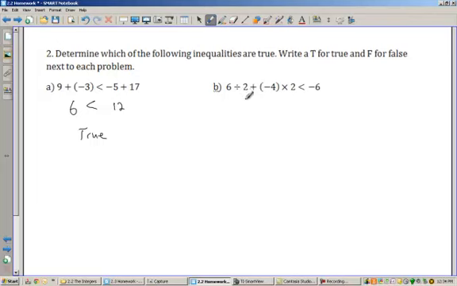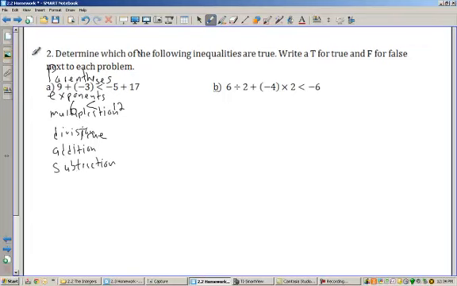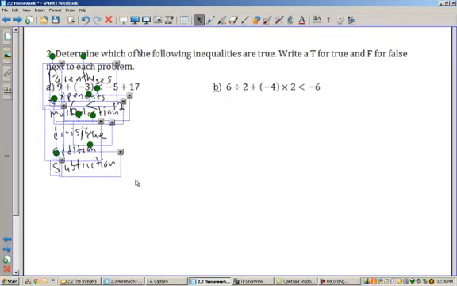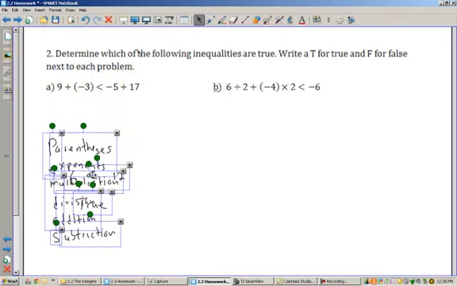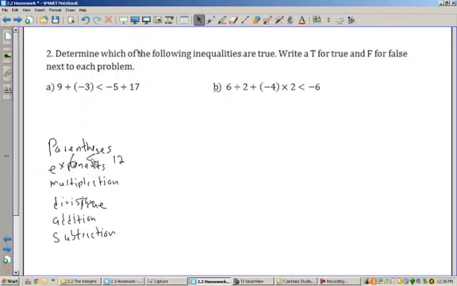And over here we do the same thing. Here we have to follow the order of operations, though. So we have parentheses, exponents, multiplication, division, addition and subtraction.